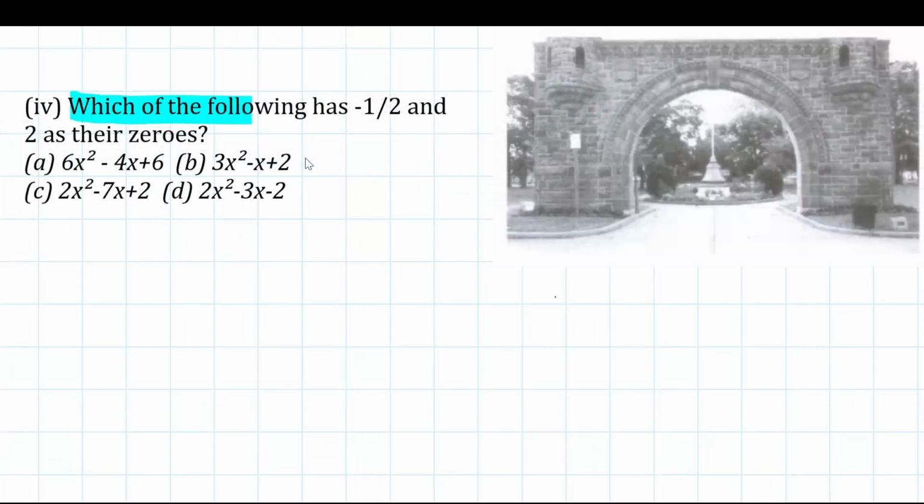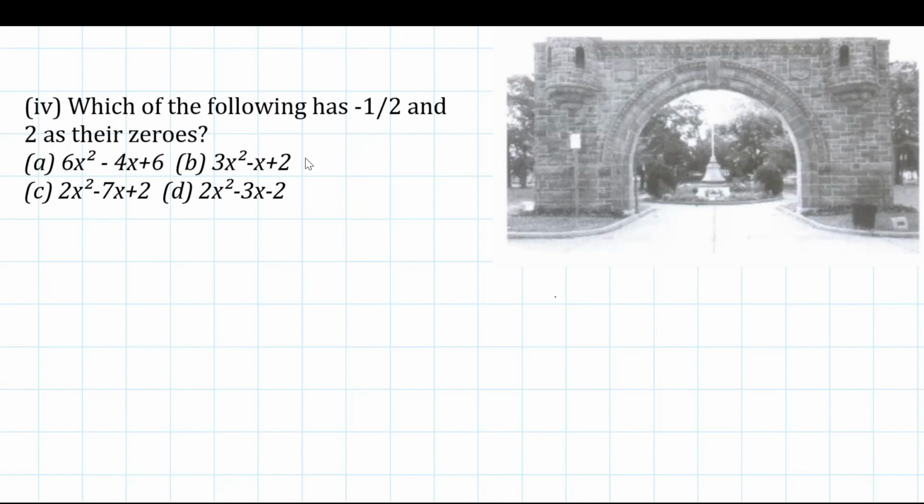In the next part, it says which of the following has minus half and 2 as the zeros of the polynomial. You have many ways to check. Number one, you can find the zeros of each of them and decide. The second way is replacing x with minus half and 2; the one which satisfies the polynomial will have these zeros, but that can take a longer time.